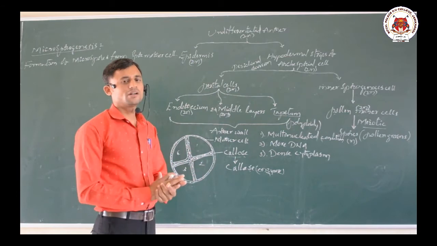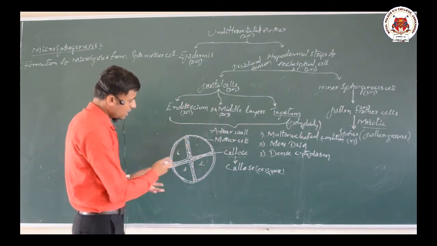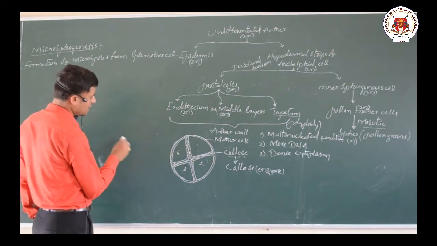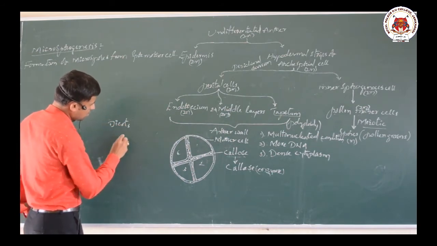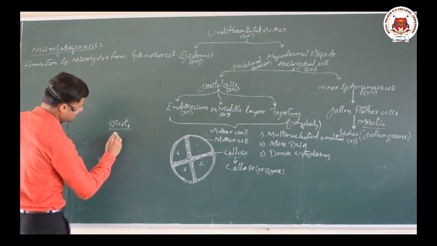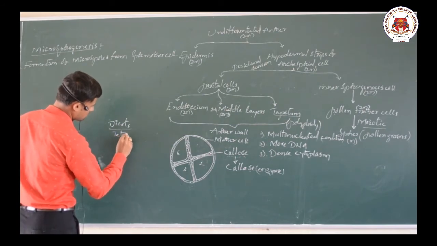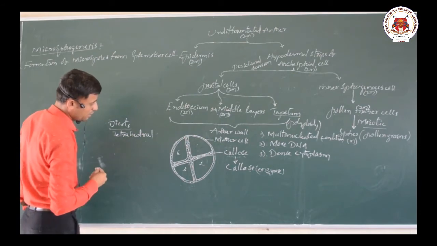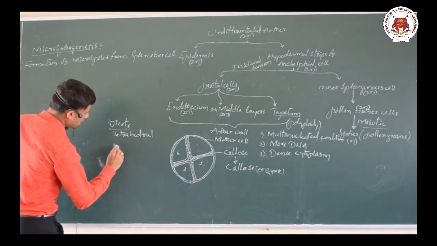If you observe the shape of the tetrads in the mother cell: in dicotyledons, the spores are tetrahedral in shape, whereas in monocots we find an isobilateral shape.